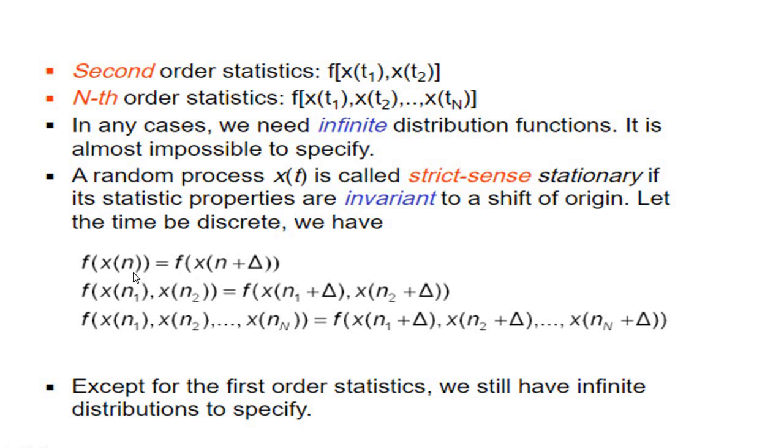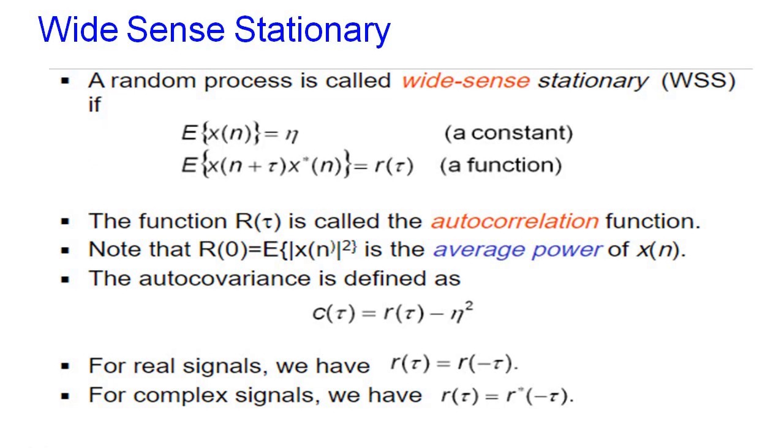So we can say it is invariant. In the same way, f of x of n1 comma x of n2 is equal to f of x of n1 plus delta comma x of n2 plus delta. Similarly, f of x of n1 comma x of n2, and so on up to x of nn, equal to f of x of n1 plus delta comma x of n2 plus delta comma x of nn plus delta. Except for the first order statistics, we still have infinite distributions to specify.